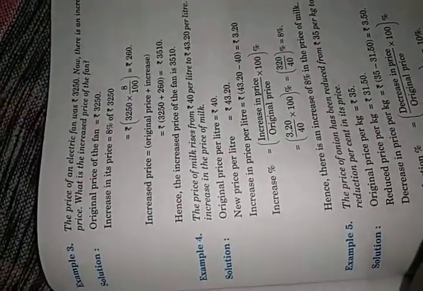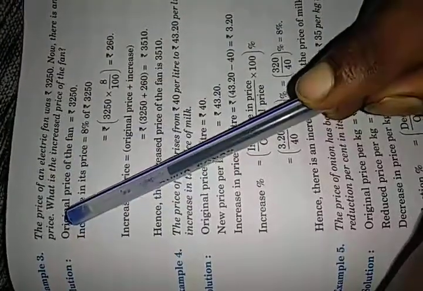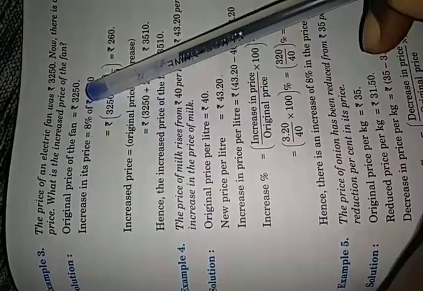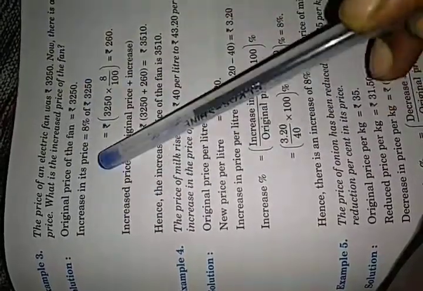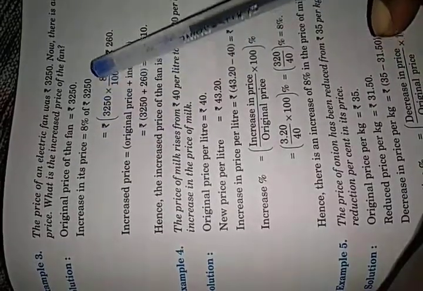The price of an electric fan was rupees 3,250. Now there is an increase of 8% in its price. What is the increased price of the fan? Original price of the fan is rupees 3,250. Increase in its price is 8% of rupees 3,250.